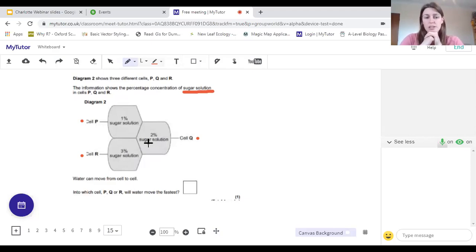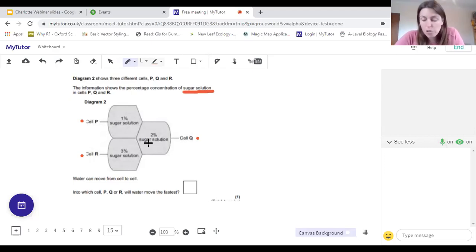Water can move from cell to cell. Into which cell, P, Q, or R, will water move the fastest? Think about this carefully. Some difficulties in the chat here. So think carefully about this.